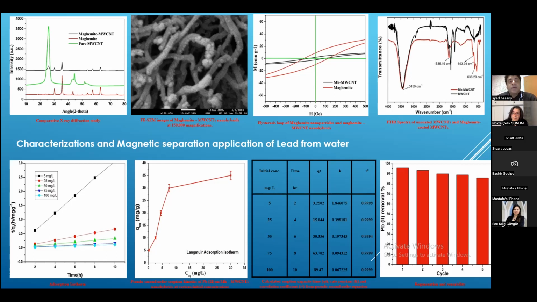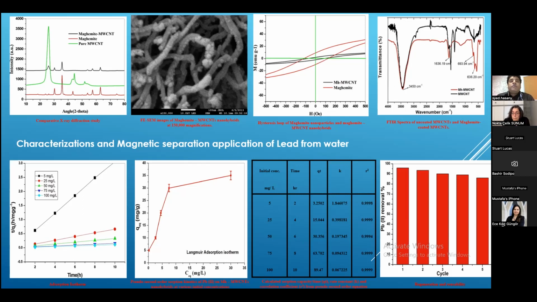These nanohybrids were later used to remove lead by using the atomic adsorption technique. We used different concentrations, different temperatures, and different contact times, and we also checked the reusability of these nanohybrids multiple times.